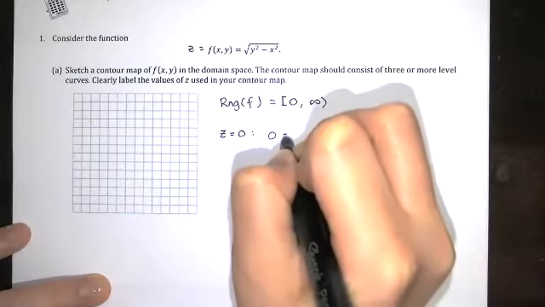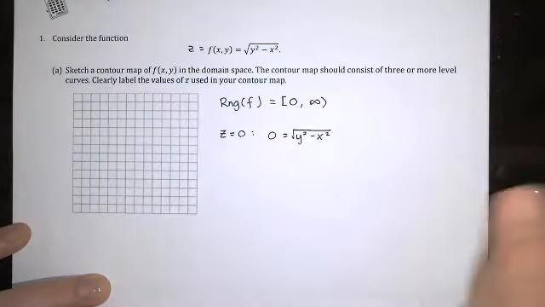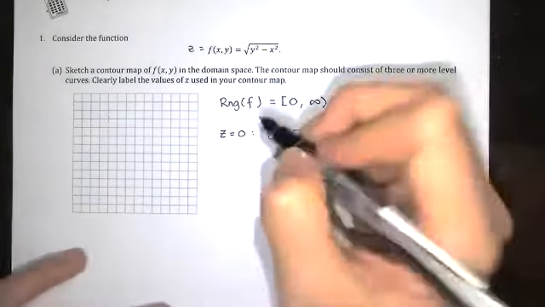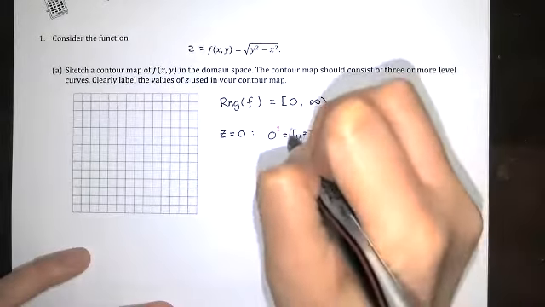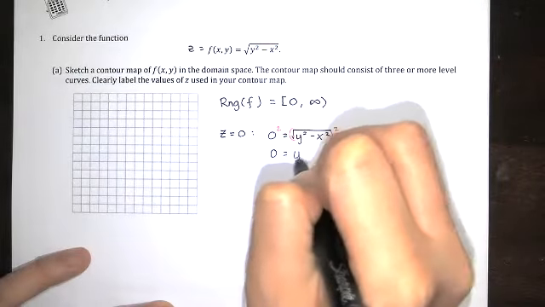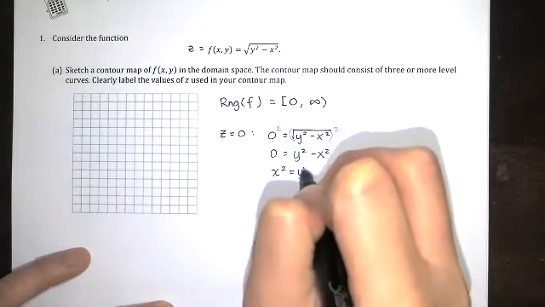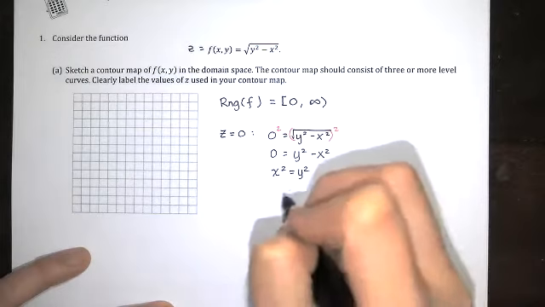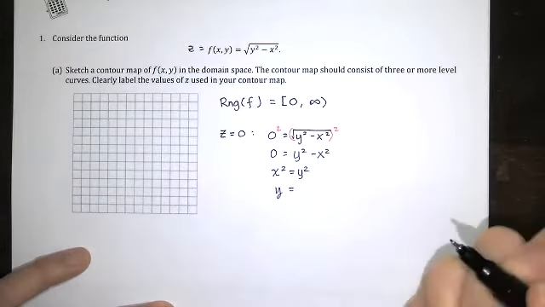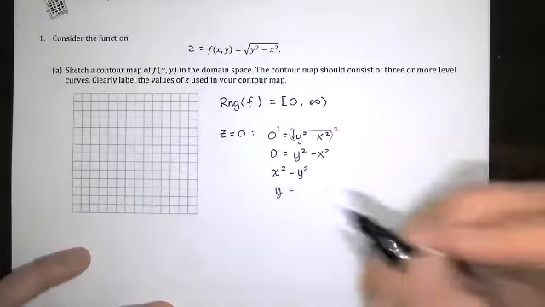Then we have 0 equals the square root of y squared minus x squared. And then if we square both sides, of course, the square root disappears and we end up with this. And then if we add x squared to both sides, we get this. So if I solve for y, I'll have y equals plus or minus the square root of x squared.